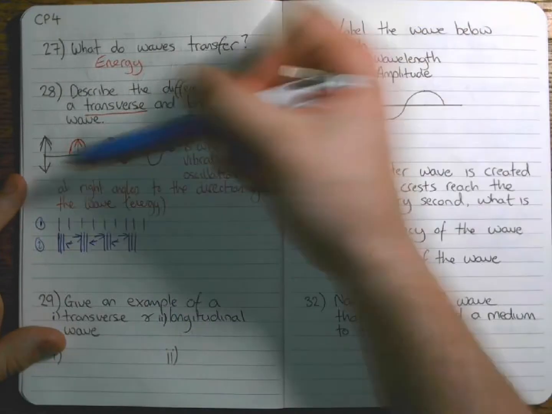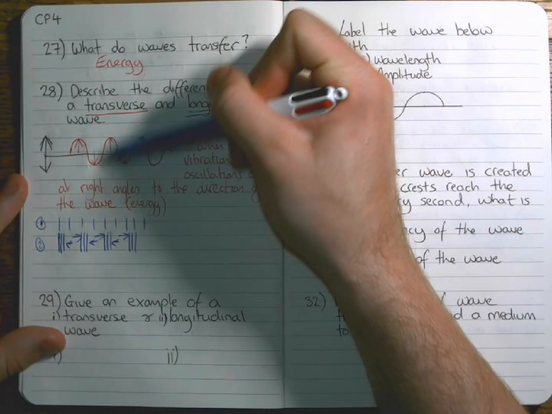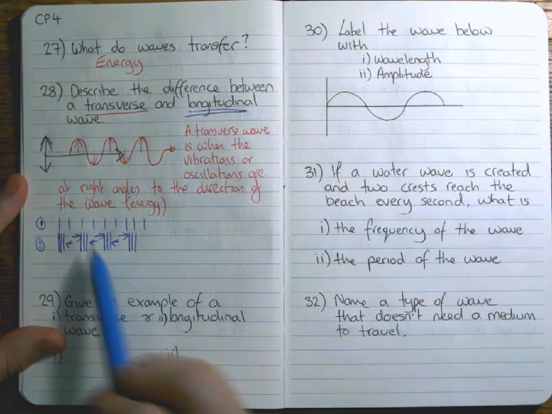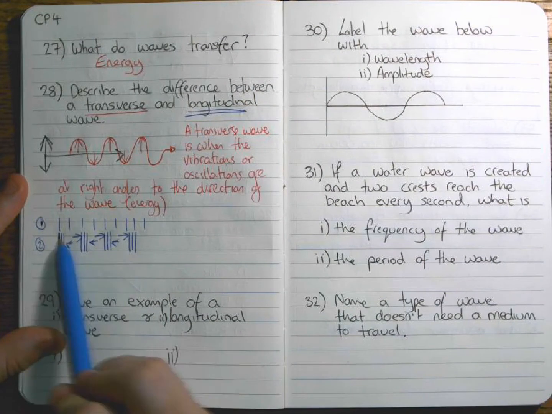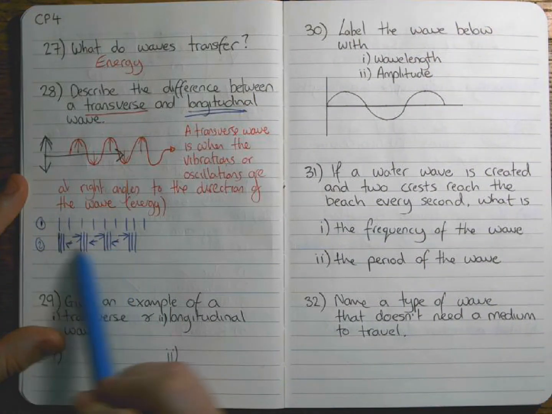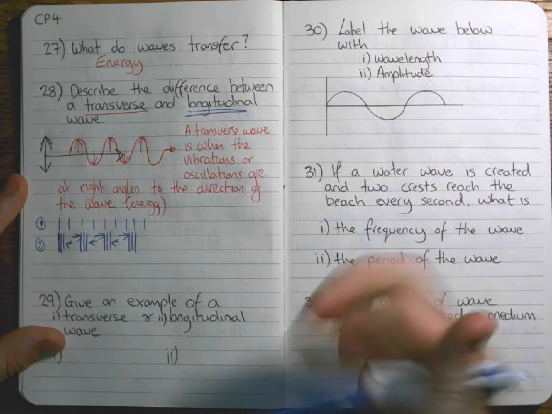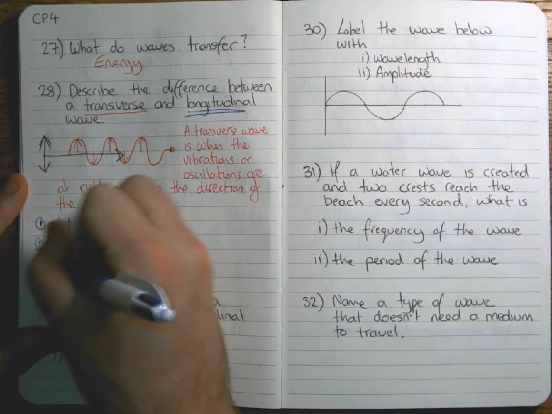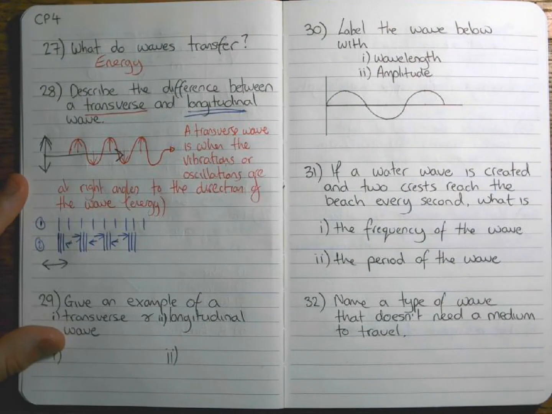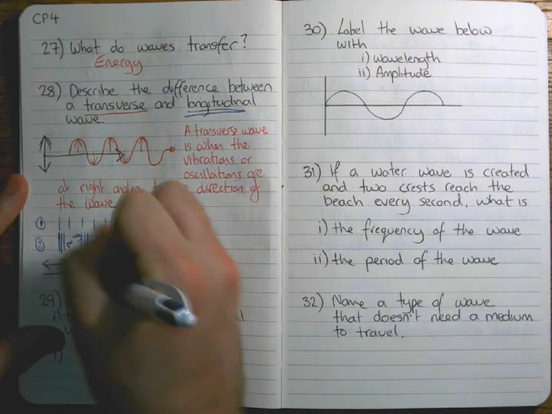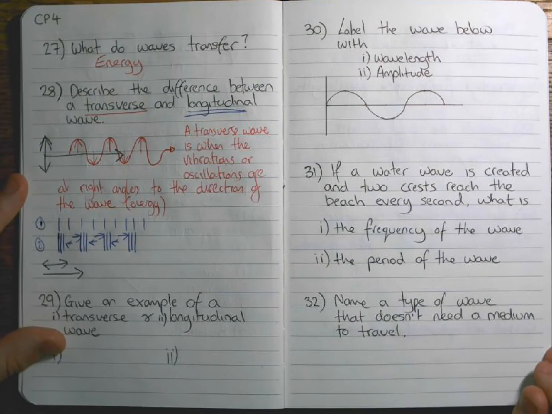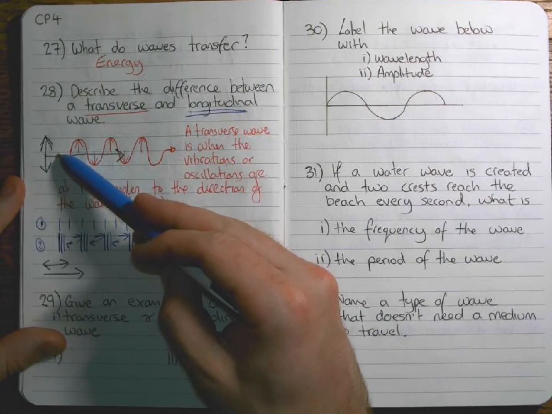So instead of a vibration in the up and down direction, we've actually got a vibration in the left and right direction. So the vibrations are now that way, and the direction of travel of the wave is still that way. So compare that to before.